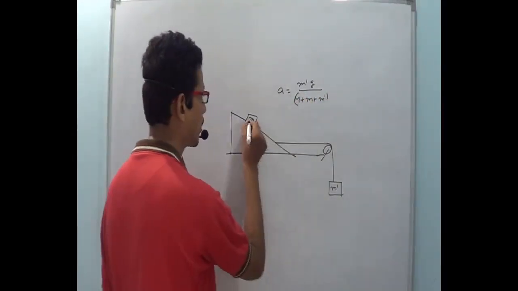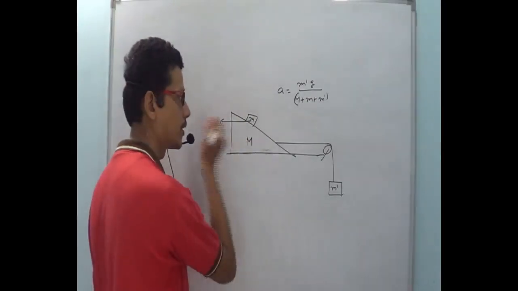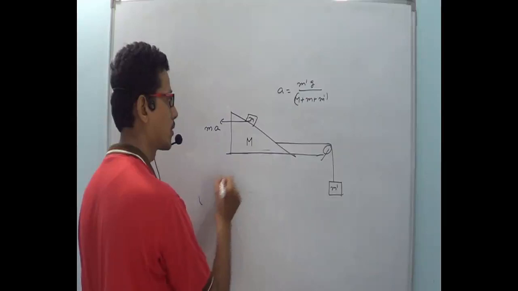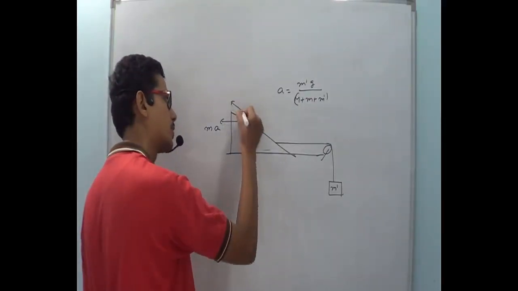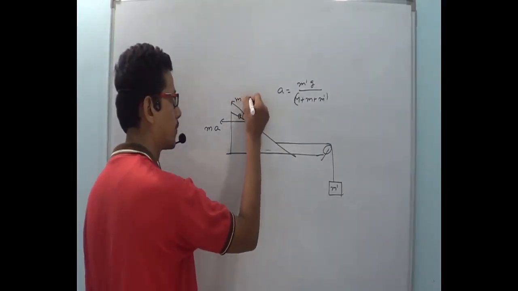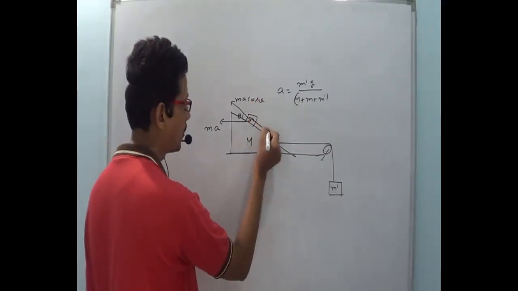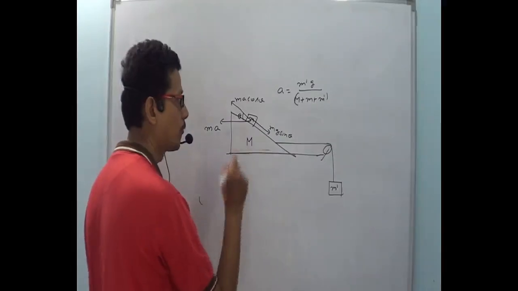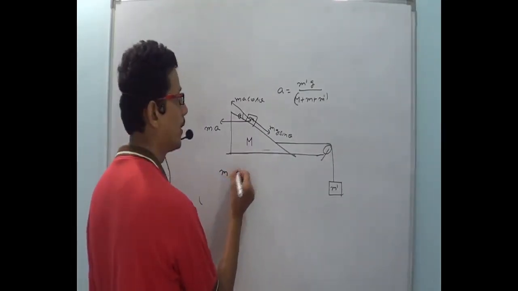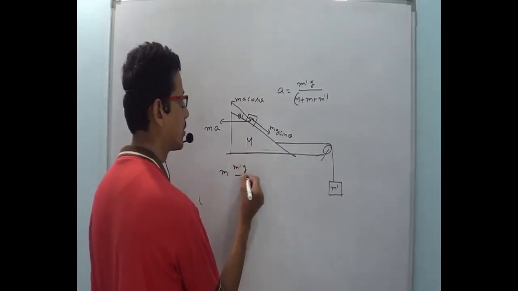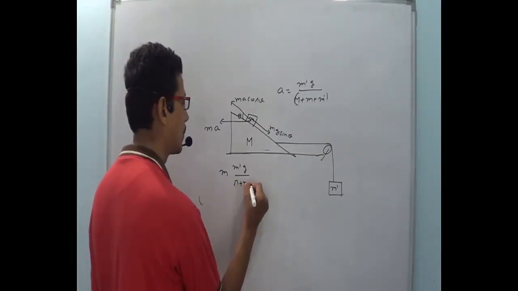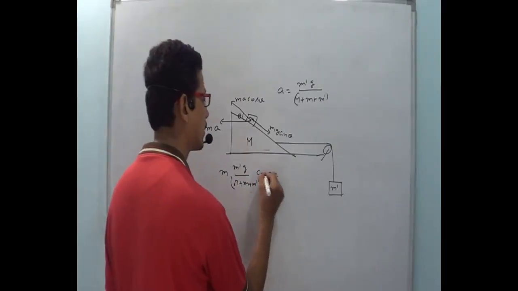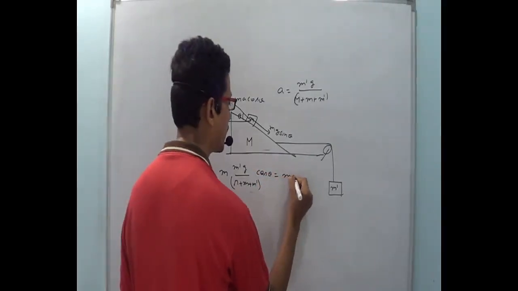Okay. Now a pseudo force will act on it in the backward direction. What is the formula for pseudo force? Mass of the body into acceleration of the system. And what is the pseudo force in this direction? ma cos theta. That ma cos theta should be balanced by mg sin theta. Then the block remains stationary with respect to the wedge. So m dash g into m plus m dash cos theta is equal to mg sin theta.